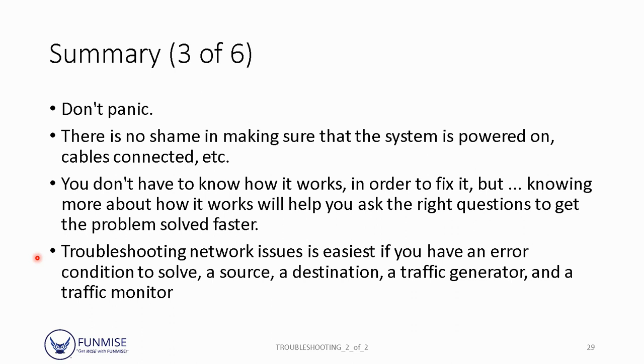By source and destination, networkers usually are referring to the source IP address and the destination IP address. By traffic generator, they usually refer to someone at the source side who can initiate that communication session. And by traffic monitor, they mean some of the network staff is set up where they can actually monitor the traffic as it's being generated to see what actually happens.